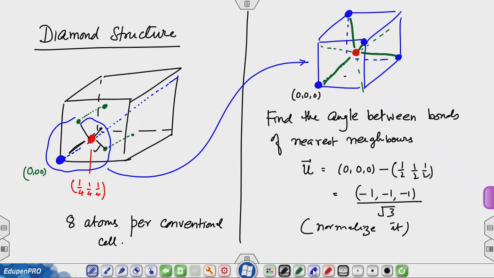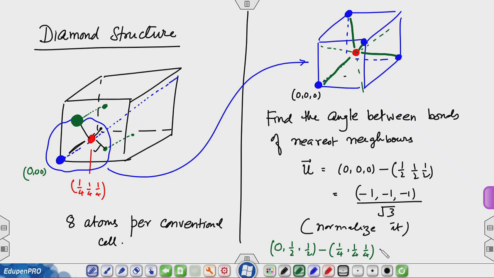Now the next atom here is this one, the big green one that I'm showing on the left of the screen, and that vector is 0, 1/2, 1/2 minus 1/4, 1/4, 1/4, and I will let you derive it for the other one also.